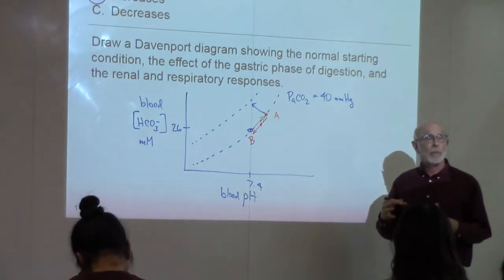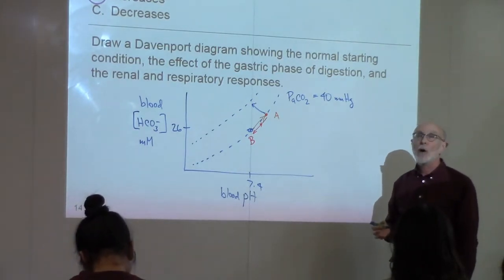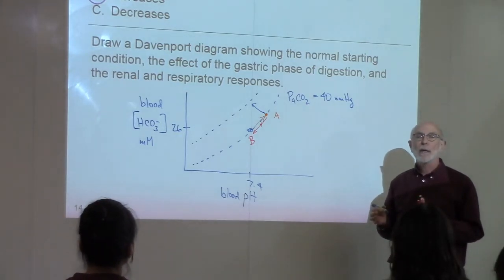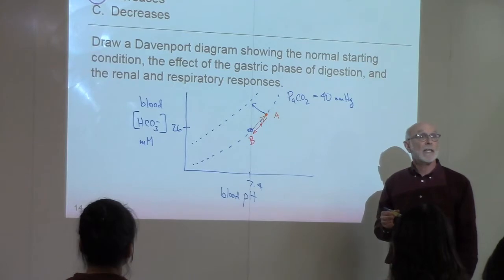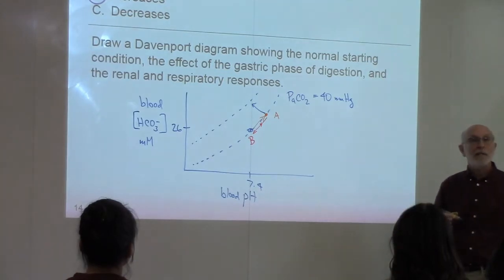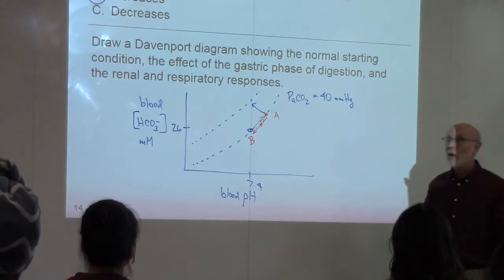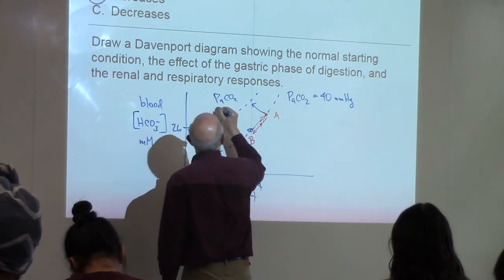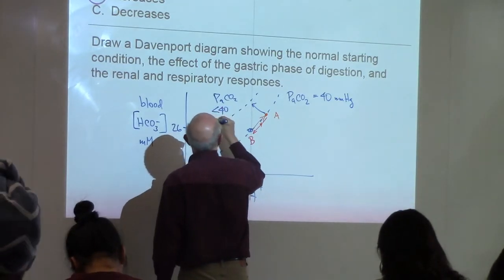because now are we hyper or hypoventilating? Well, that's bad language. Are we increasing or decreasing ventilation to try to normalize this pH in this condition? Decreasing. We are going to a PaCO2 that is greater than 40 millimeters of mercury.